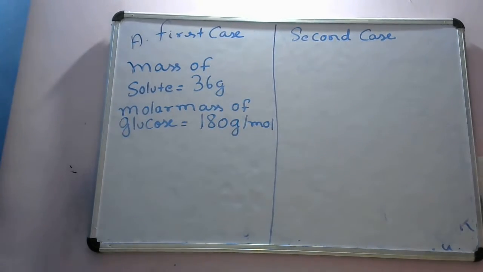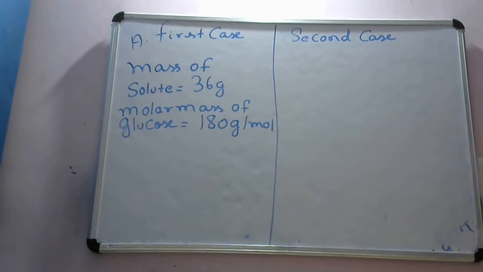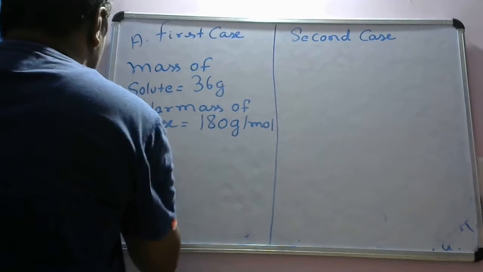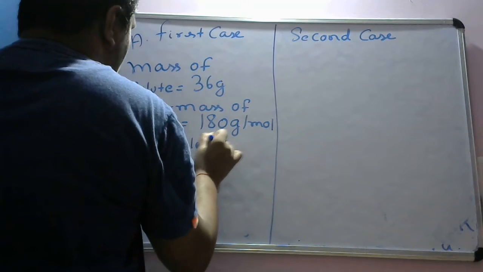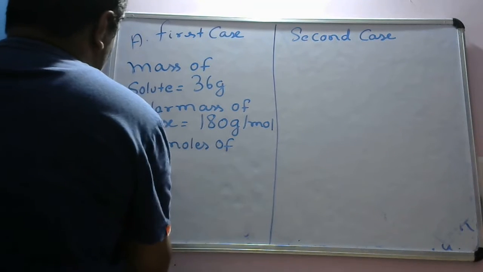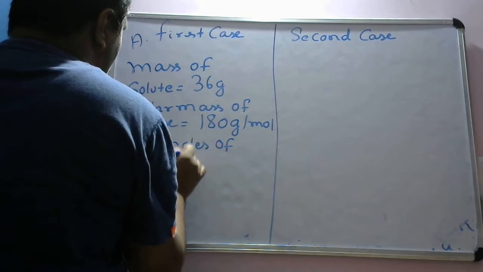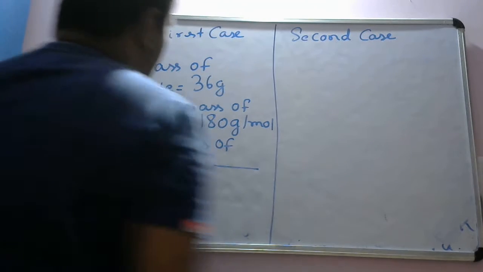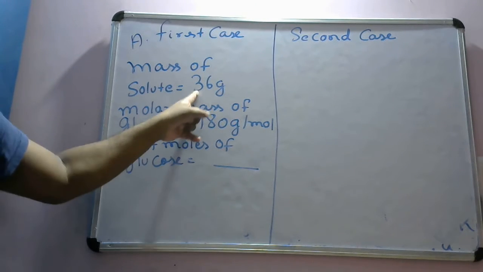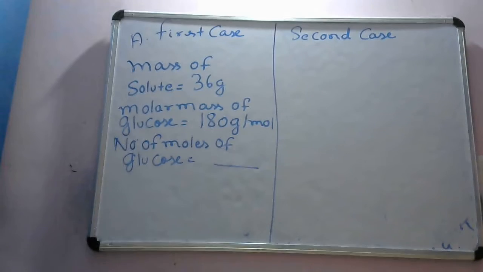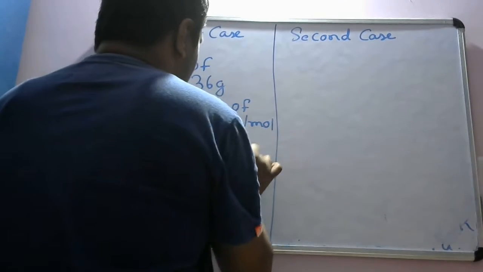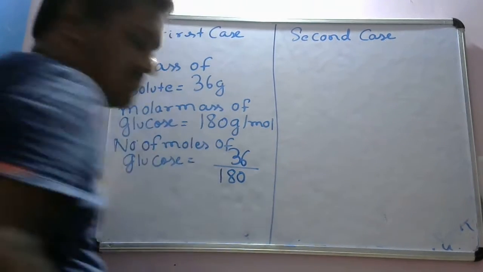Knowing the mass and the molar mass, we can calculate the number of moles of glucose, our solute. How to calculate the number of moles? Given mass by molar mass, given mass in numerator, molar mass in denominator.